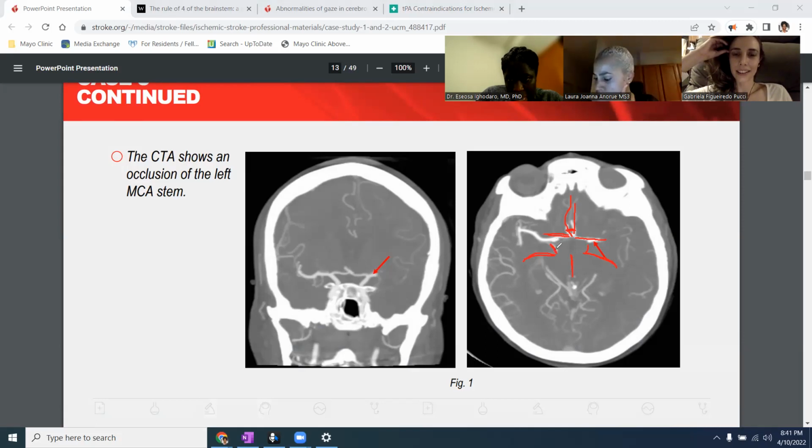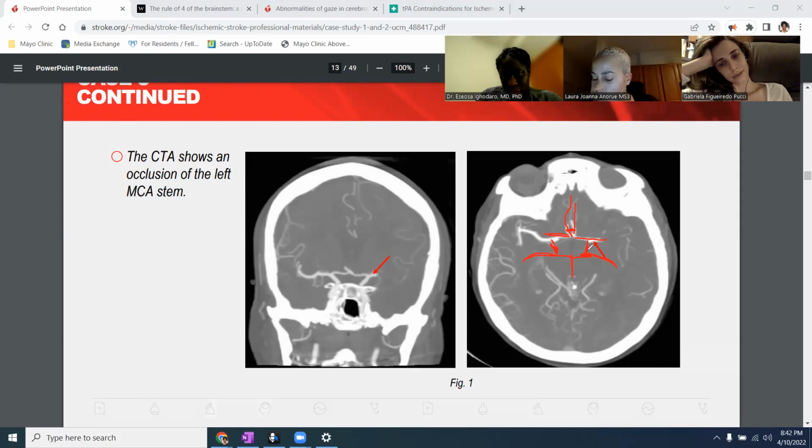The PCOM comes off the what? The PCOM comes off the PCA. Vertebral artery? No. Posterior cerebral artery, because that's what feeds the occipital lobe.